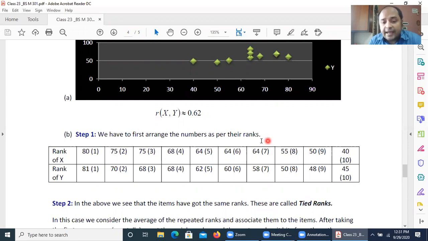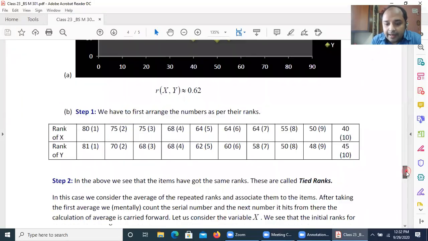So if the values are repeated, say 75 is repeated twice, 64 is repeated thrice, and 68 is repeated twice, this defines the non-ideal situation. In a non-ideal situation, such kind of rank is called tied ranks.